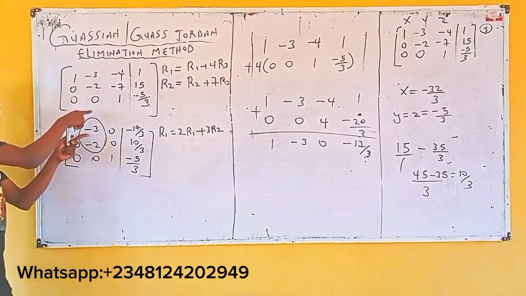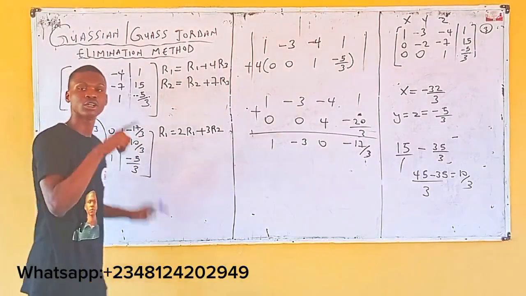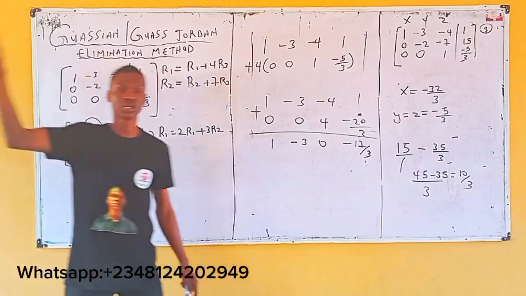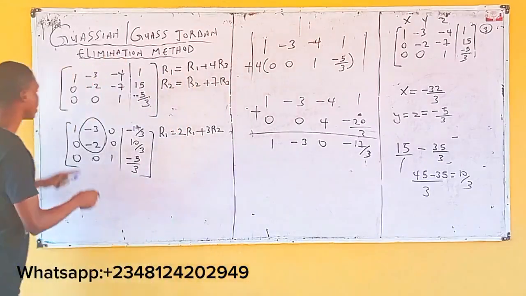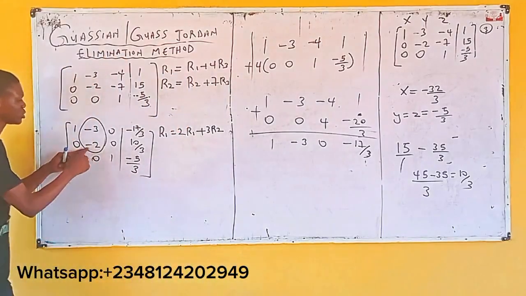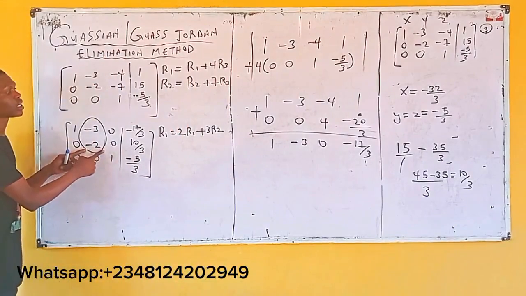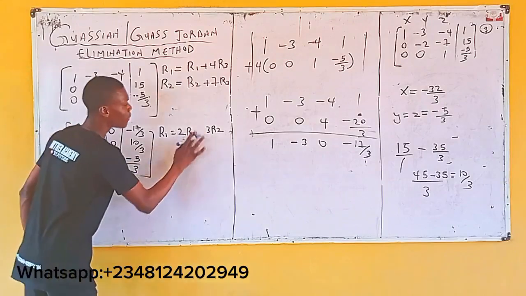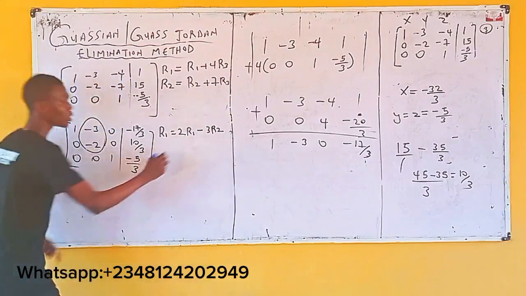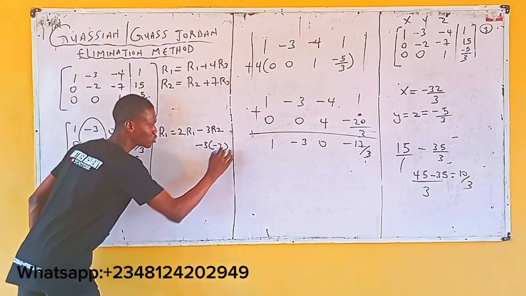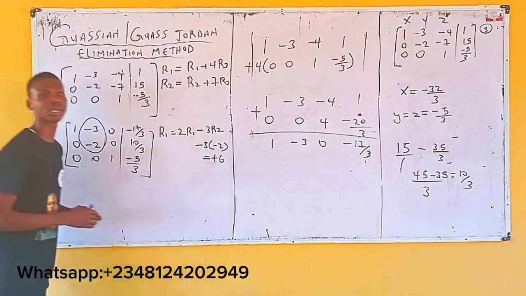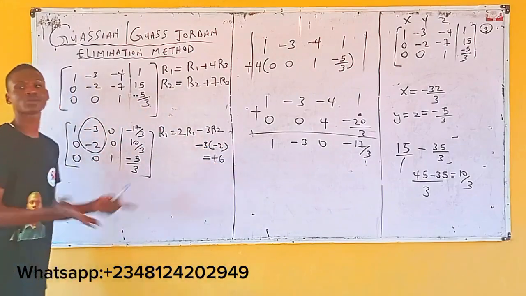What do you have? -6. To change -6 to 0, you need +6. Now, you can only get +6 using -2. So how do you get that? That will be -3 row 2. Why? Because -3 times -2 will give you +6. -6 plus 6 will now give you 0.